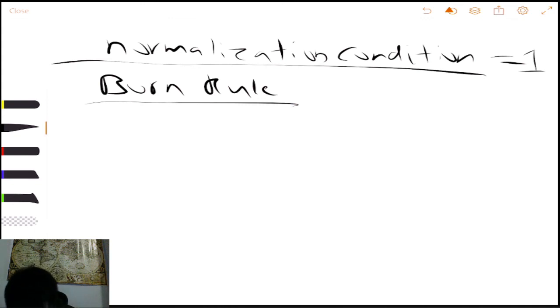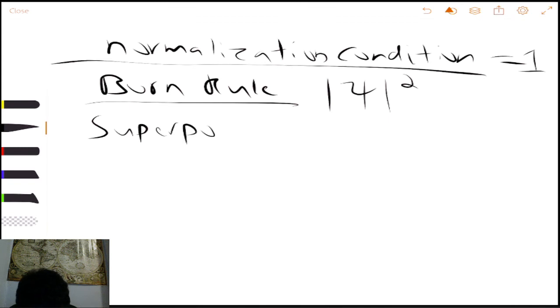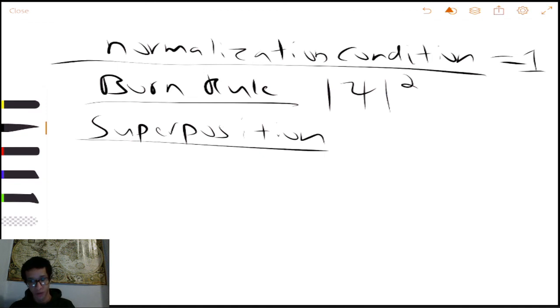You could really just say, I think it's actually more the absolute value squared. So you could just say the absolute value of psi squared. And superposition. Something is not actually in a measurable state until it's measured. Sounds weird. That's just quantum mechanics. Quantum mechanics is just really weird.